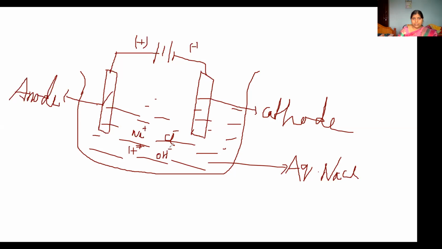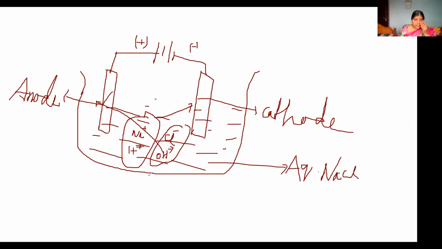Both will move to their respective electrodes. Na+ and H+ ions will move to the cathode, and Cl- and OH- ions will move to the anode.